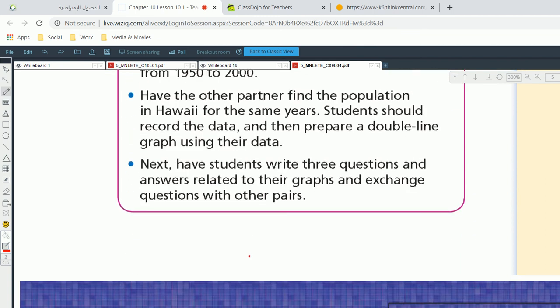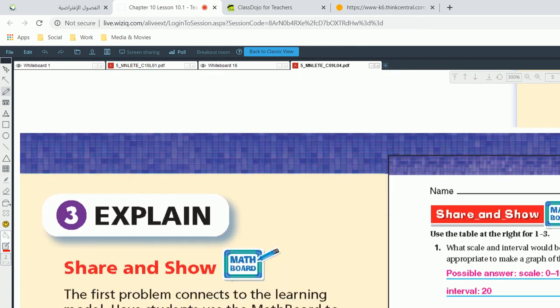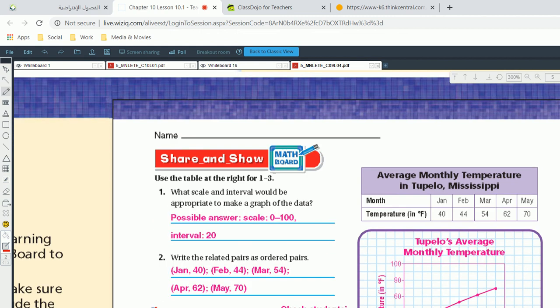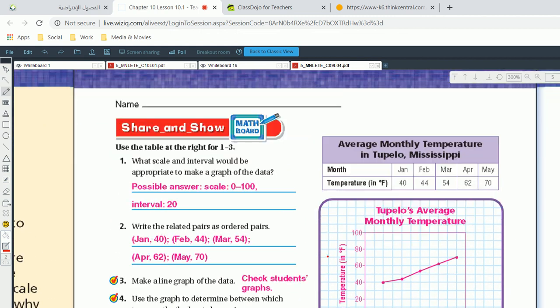Okay, let's move to the next page. Now we have this table again, and we want to represent this data: average monthly temperature in Tupelo, Mississippi.